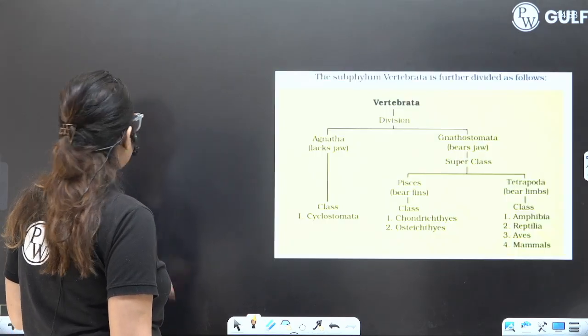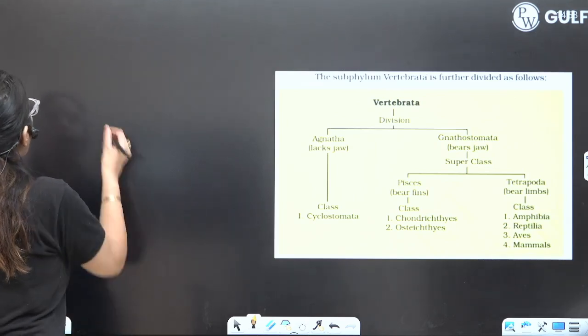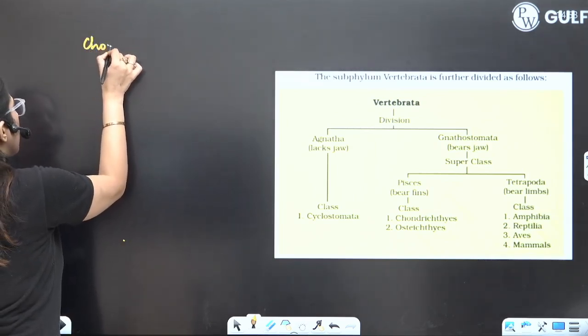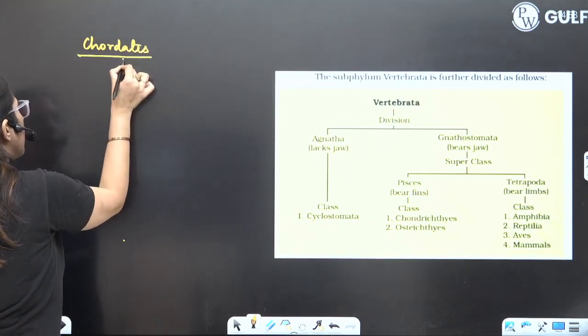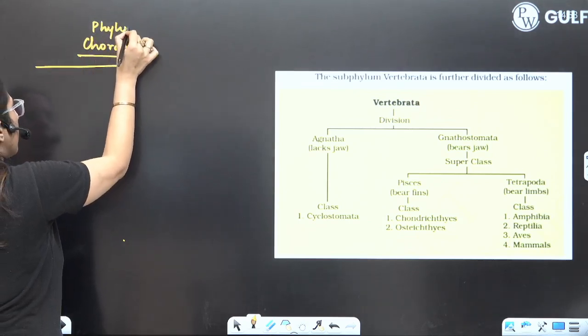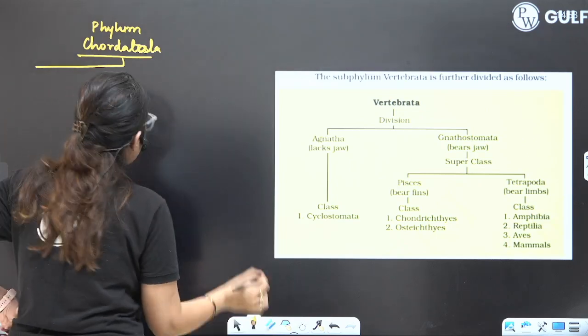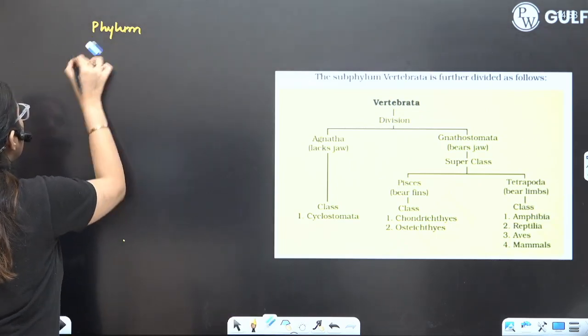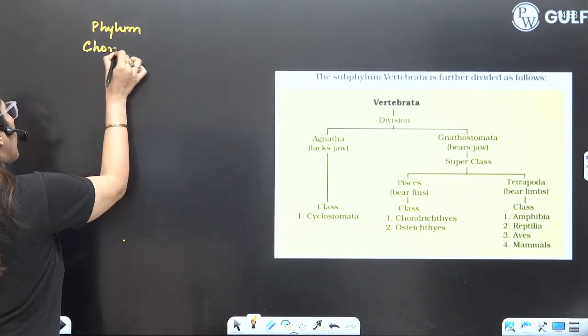So, let's move on to this. Chordates are further classified. This is phylum Chordata.